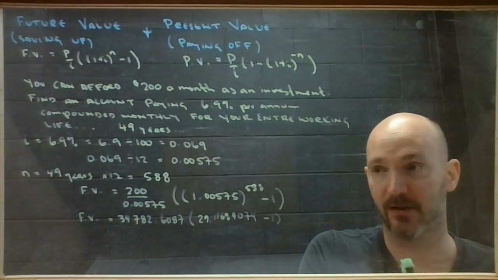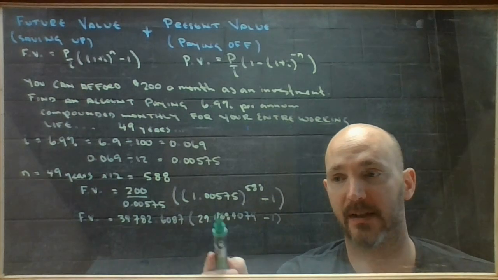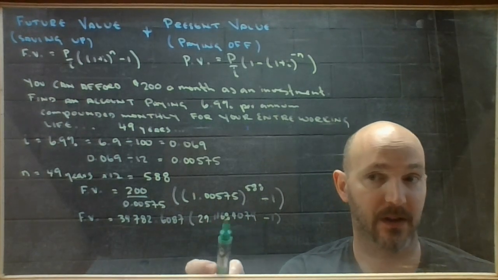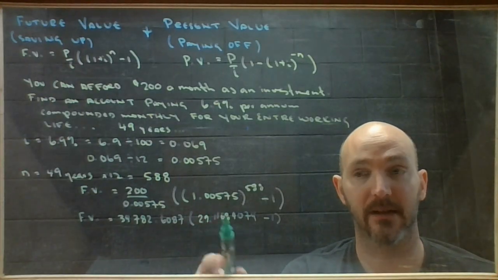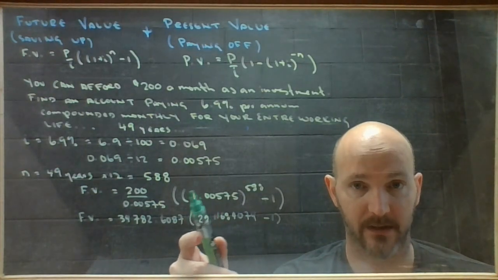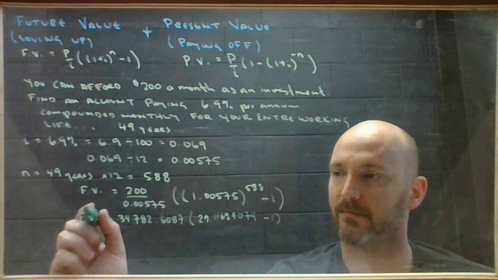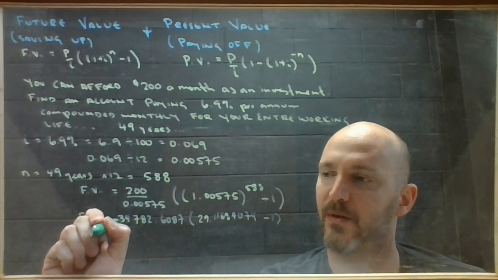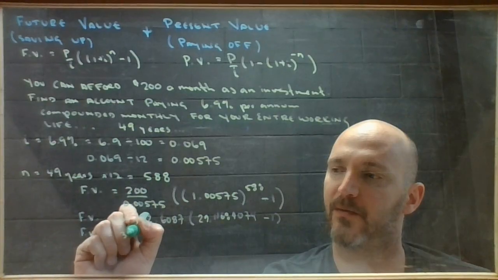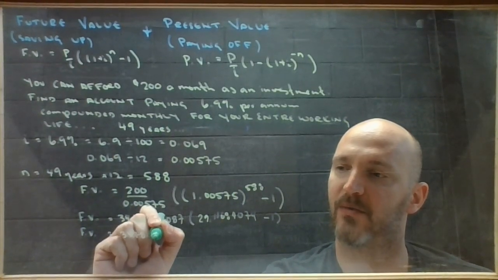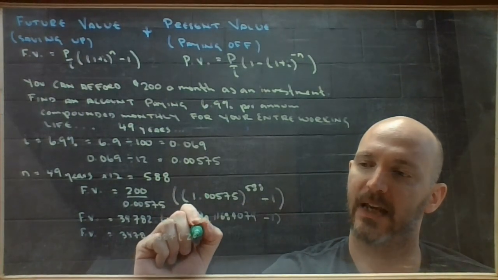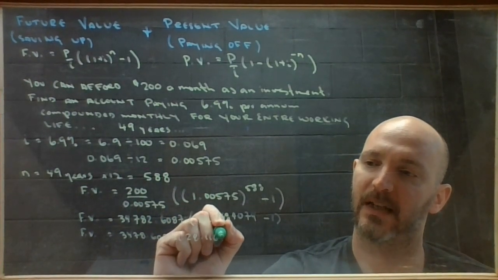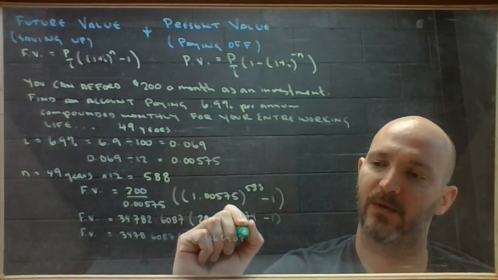Okay, now just to fact check yourself, this number should have grown to something biggish from something around 1. If it didn't, you forgot to put this 1 in there, so make sure you fix that. Means my future value is going to be 34,782.6087 multiplied by 28.11684074.